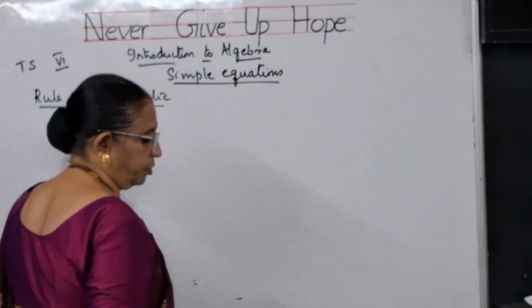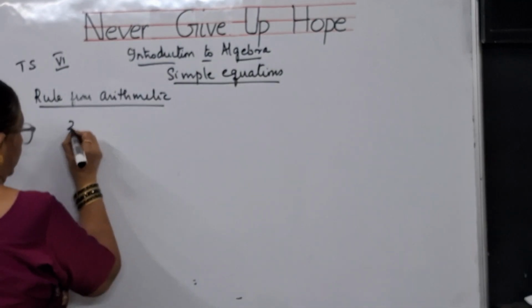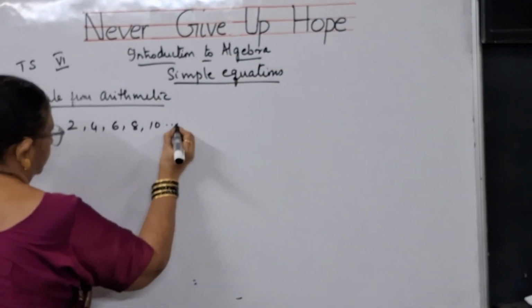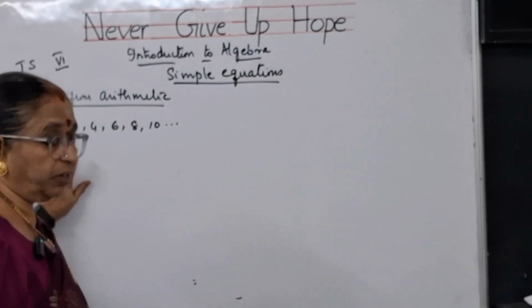Here as an example, you have got certain numbers 2, 4, 6, 8, 10, and so on. The series is given to you.